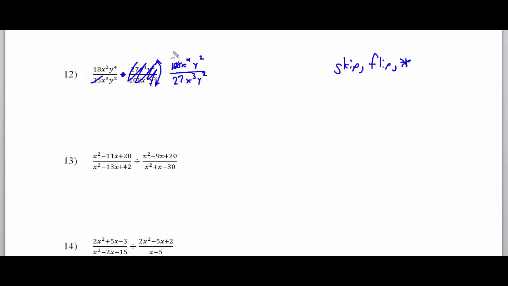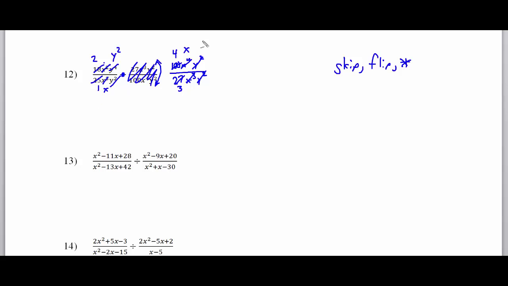So let's continue the process of cross-canceling, or simplification there. 25 and 100 goes in there 4 times. 9 goes into 18 and 27 twice and 3 times respectively. If you just look straight down, you can see that I'm going to have 1x left here in the denominator and 2 y's left here in the numerator. And over here I'm going to have 1x in the numerator, and these y's fully simplify because they're exact matches there.